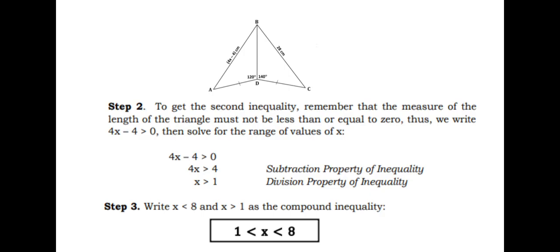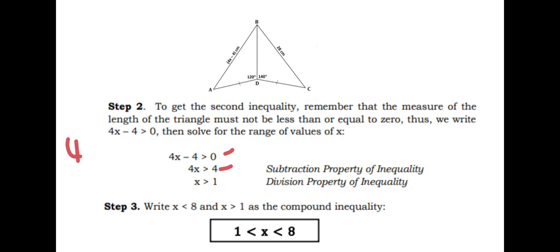So therefore, we write 4x minus 4 is greater than 0. So this one. Then we should transpose negative 4, so it will become positive 4. Okay, so 4x is greater than 4.